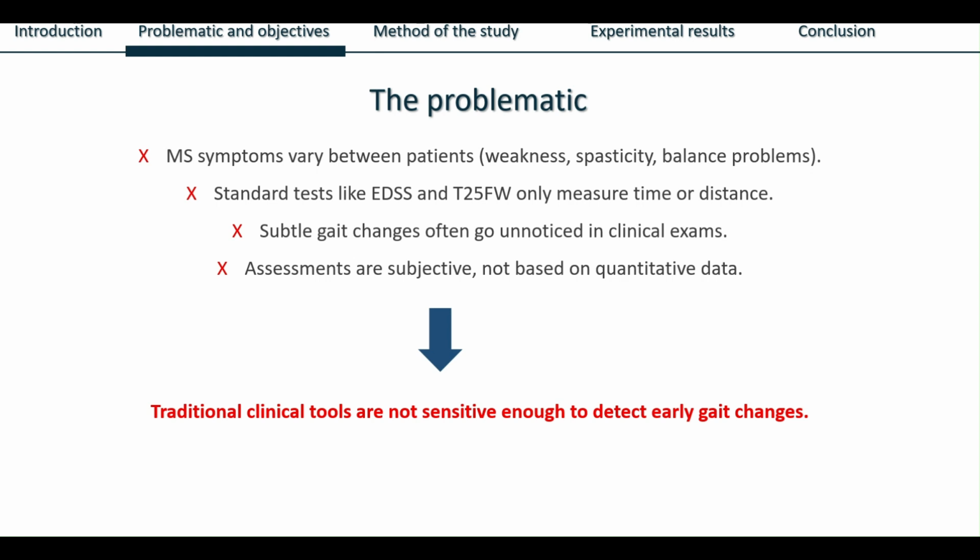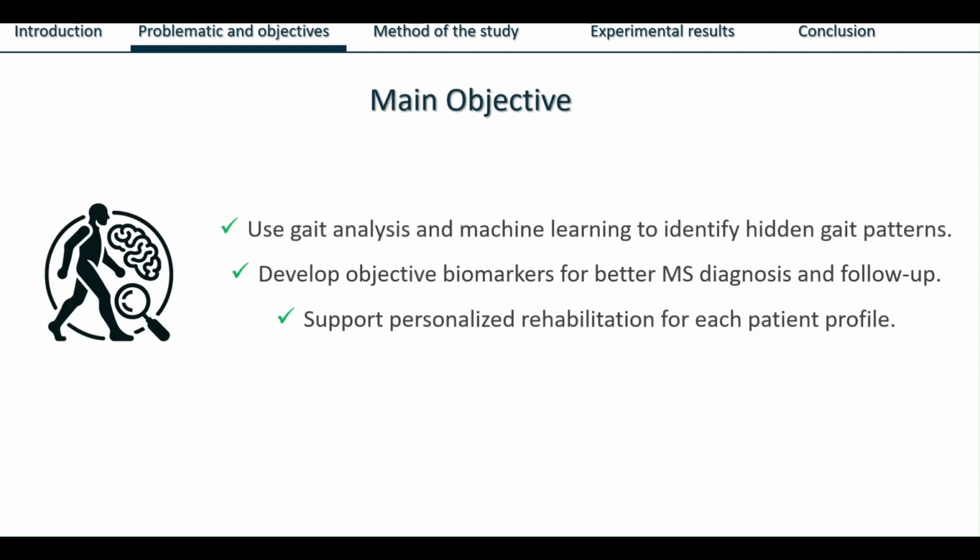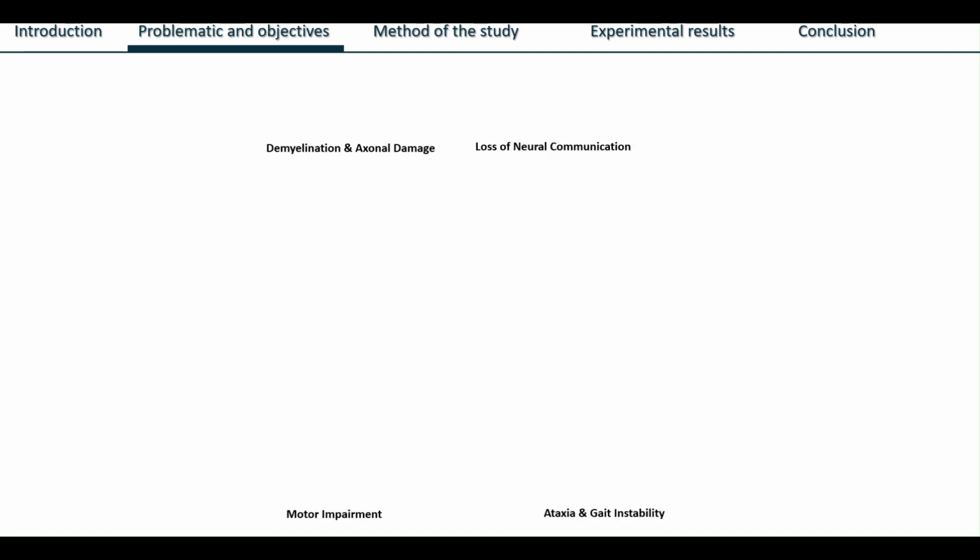And finally, current diagnostic methods are mostly subjective and depend on the doctor's observation, not on quantitative data. Because of these reasons, we need an objective data-based approach like gait analysis combined with machine learning to detect and classify gait changes more accurately in MS patients.